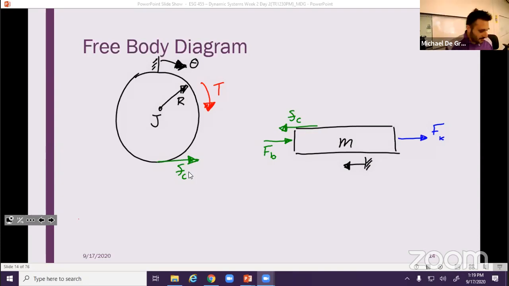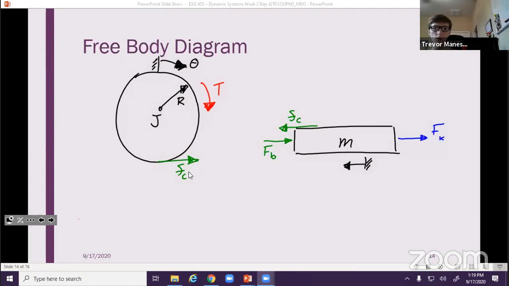Exactly. It's a way for us to transform rotation into translation. That's the big thing. So you know, like a drawbridge. Portcullis.